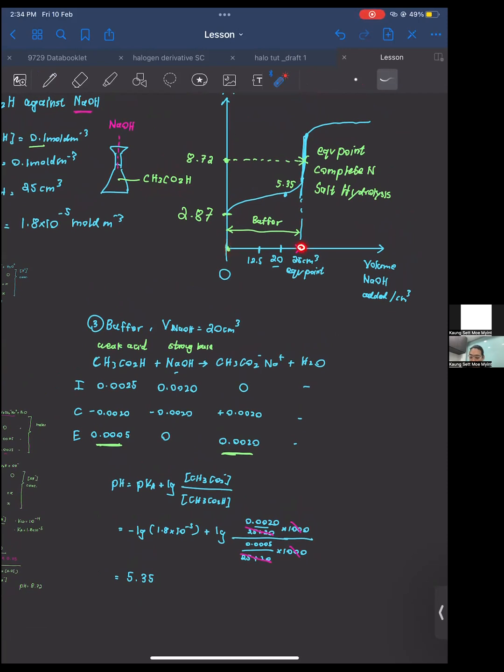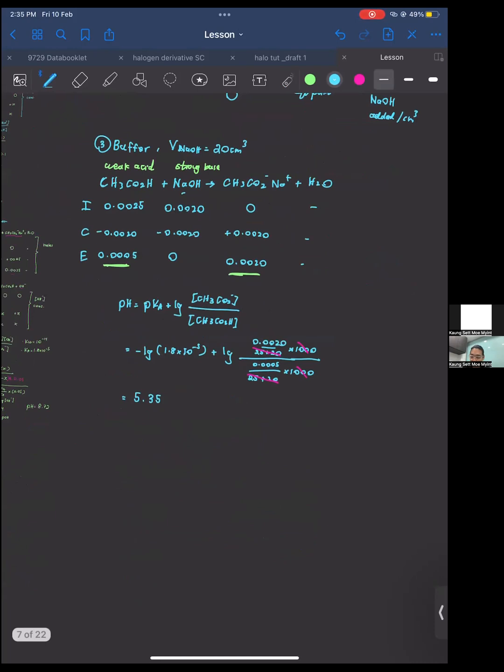At this point, all of them are ethanoate, which means at the center line, we are at 50% of converting all of the ethanoic acid into ethanoate, which means at this center line, the amount of ethanoic acid and ethanoate are the same. Now, some of you will not follow, so I will show you using hard numbers.